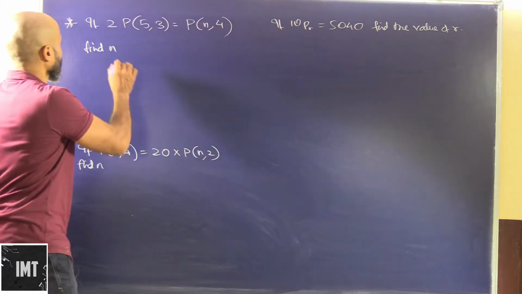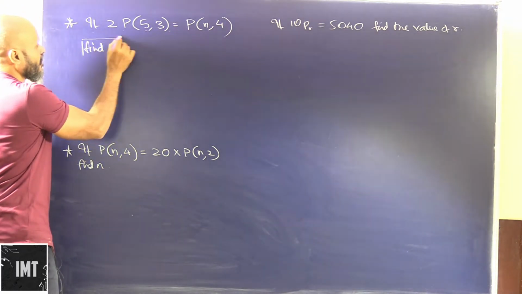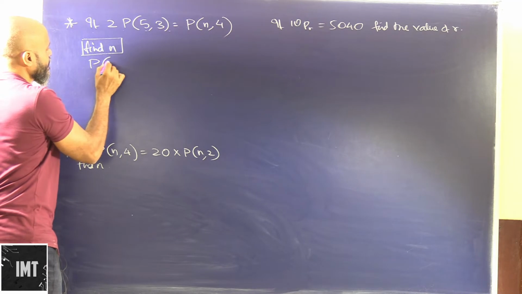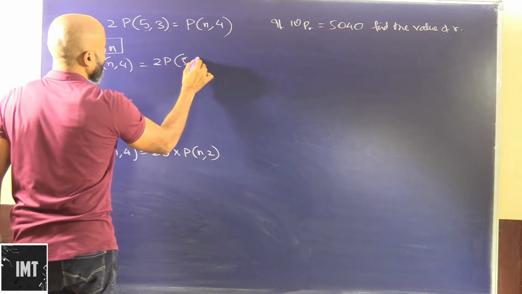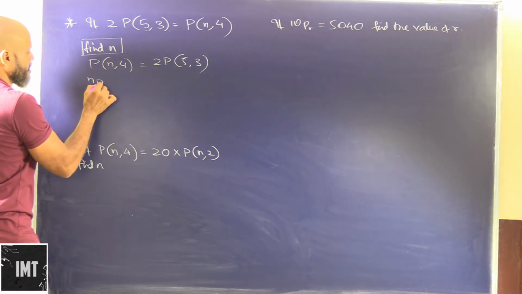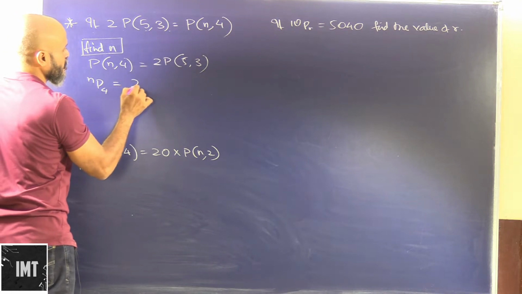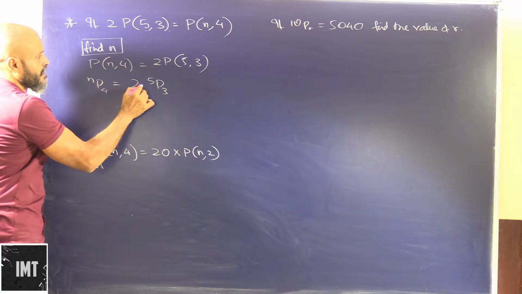So we have here, if 2 into 5P3 is equal to nP4, find the value of n. So we have nP4 is equal to twice of 5P3.